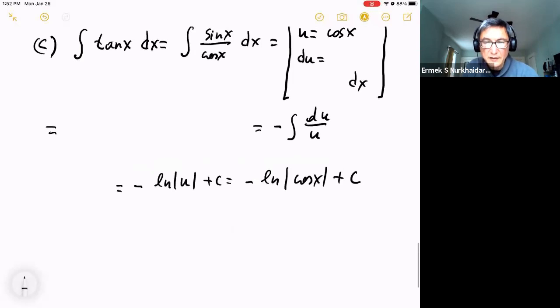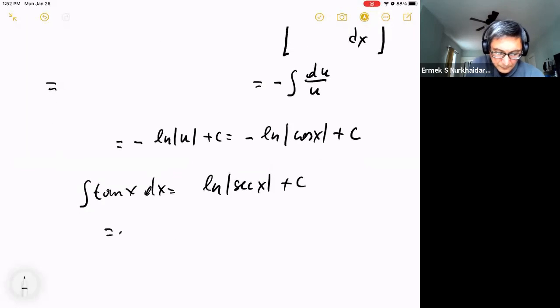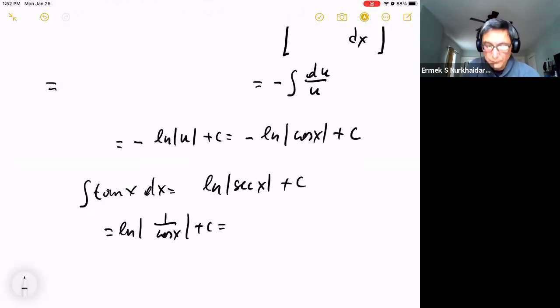Just one small comment here: often the same answer, the integral of tangent x dx, is going to be written as ln of secant x plus c. It's equivalent to what we have here because secant is 1 over cosine. And using the property of logs, the log of a quotient equals the difference of logs. So ln of 1 minus ln of cosine x plus c.